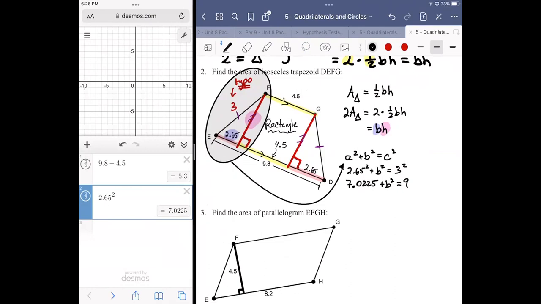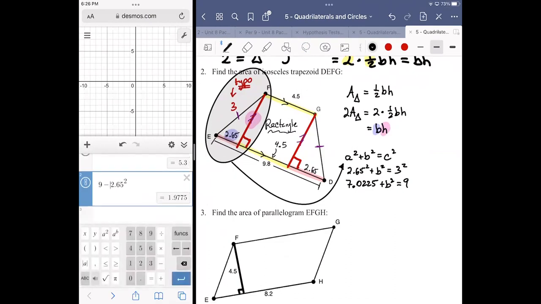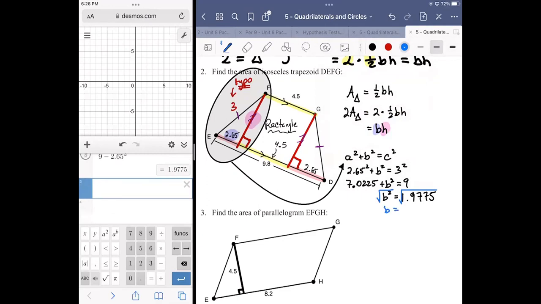All right, so I'm going to take that number away from 9. I'll just tuck in a 9 minus in front of it. So b squared is equal to 1.9775. And then I would need the square root of both sides to get the value of b. So I'll just retype 1.9775.